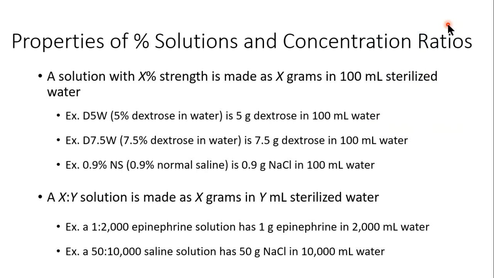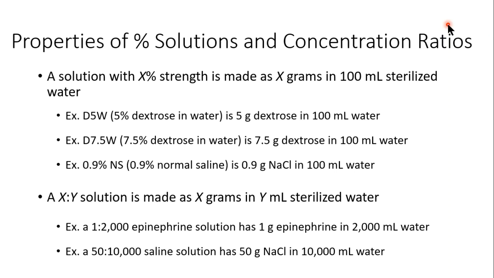Now, properties of percent solution and concentration ratios. A solution with X% strength is made by X grams in 100 milliliters of sterilized water. For example, D5W means 5% dextrose in water, which means there are 5 grams of dextrose in 100 milliliters of water.